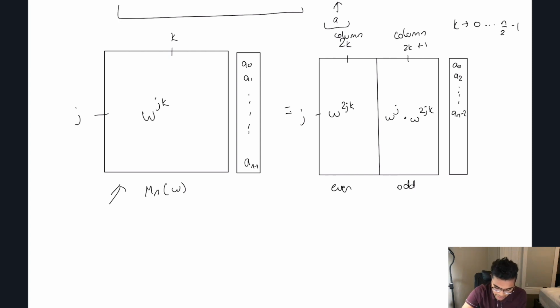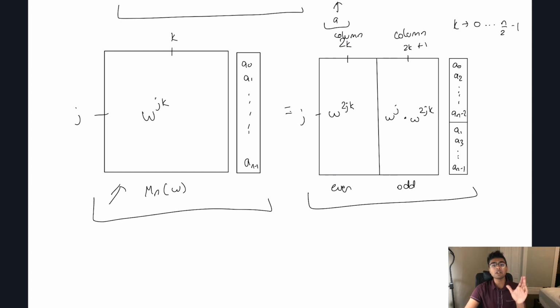And then similarly, the next step is to map the odd values, so we'd get a1, a3, to an-1. What we've done is literally take this structure and reformat it so we have the even multiplication first on the left-hand side, and then the odd multiplication on the right-hand side. And so that's the intuition.